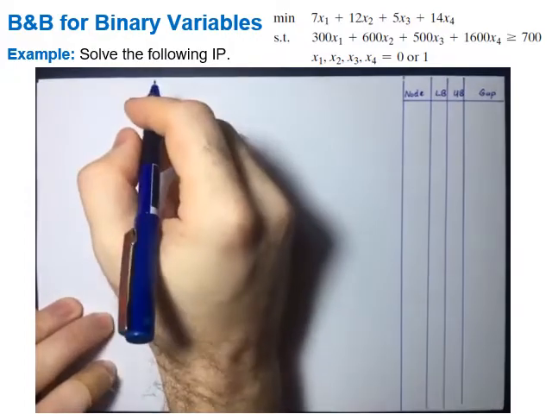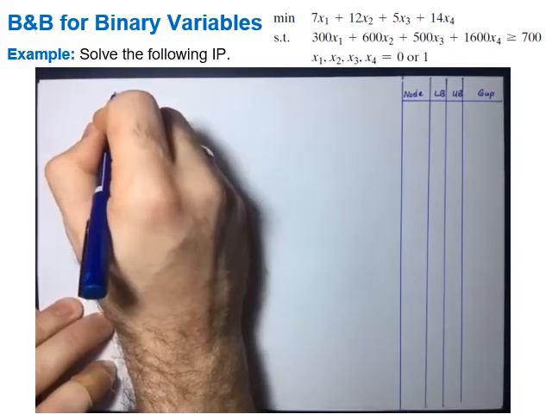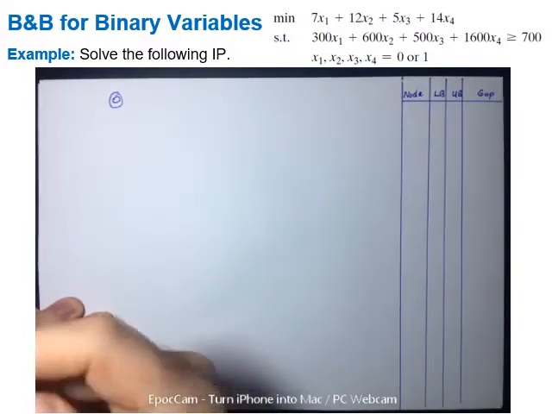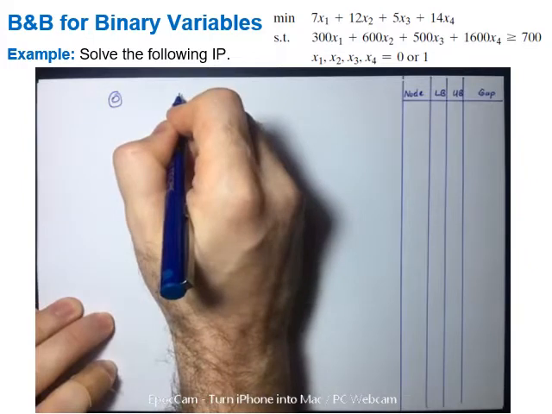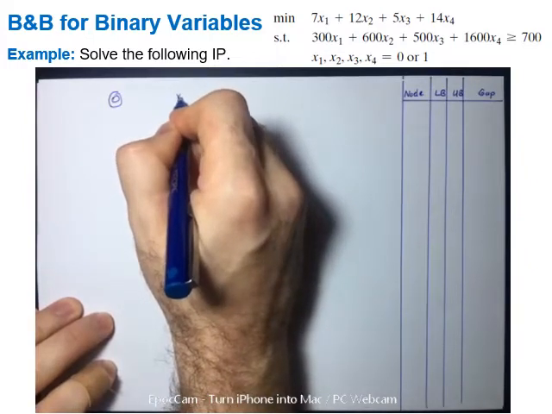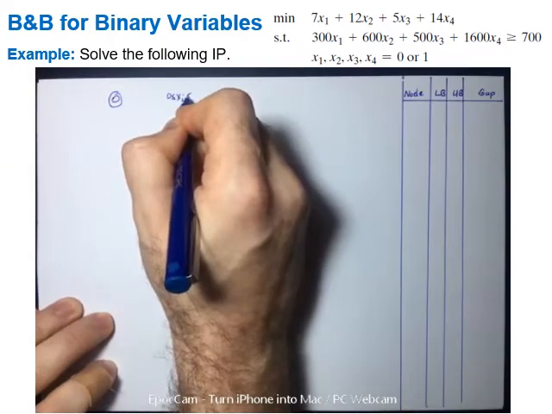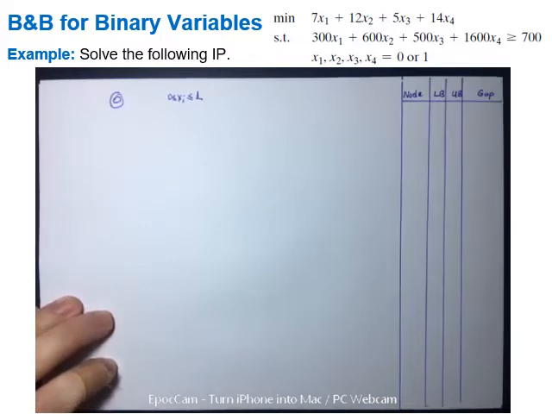Okay, so let me write it here. So let's assume that this is our root node, node 0 here. And how do we find the LP relaxation in this root node? So we say that all these xi are between 0 and 1. Okay, we replace the 0 and 1 restriction with this one.